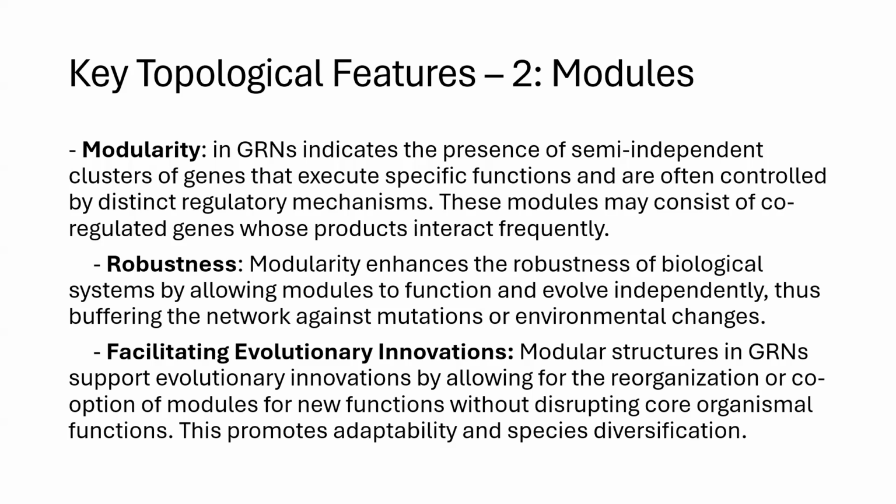The more complex you get, you could enter into a situation where you can become chaotic. Modules ensure robustness, a certain degree of resilience, and maybe even redundancy and flexibility in responding to environmental conditions.